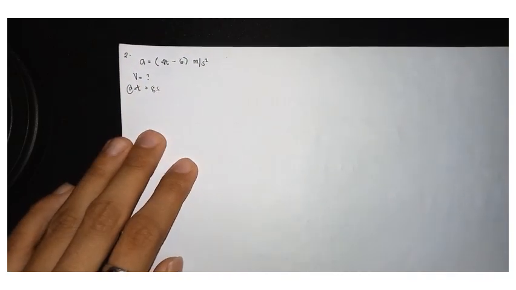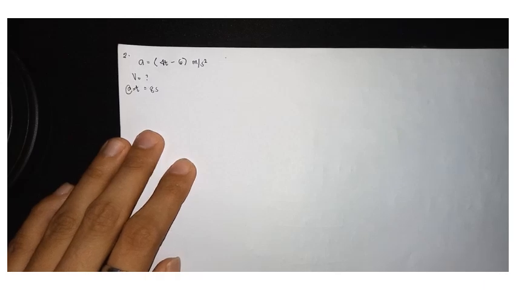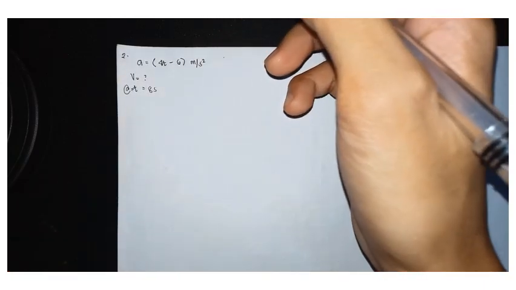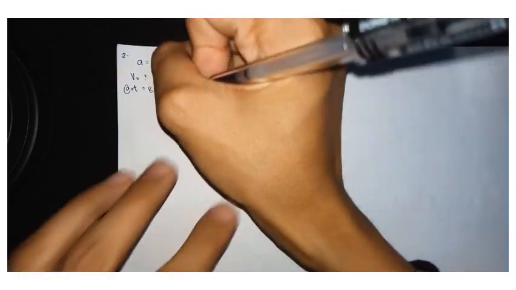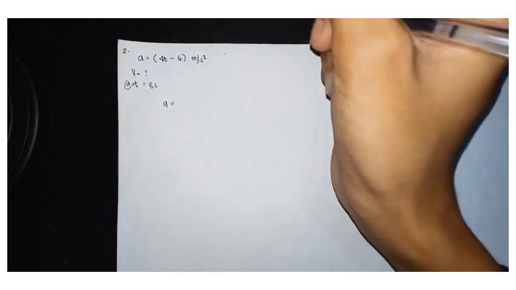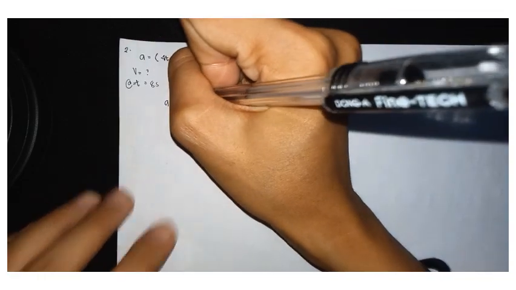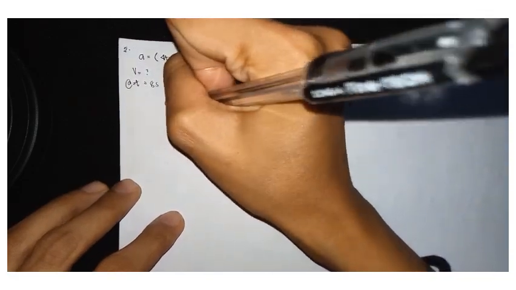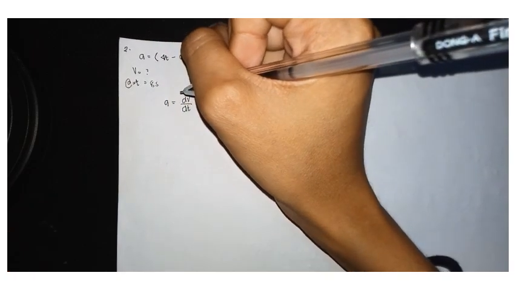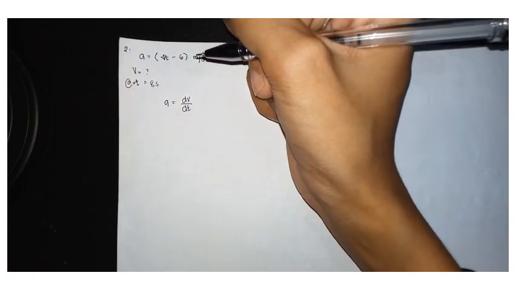So we can use the instantaneous acceleration concept, which is a, or instantaneous acceleration, equal to dv over dt, or the derivative of the velocity equation with respect to time.